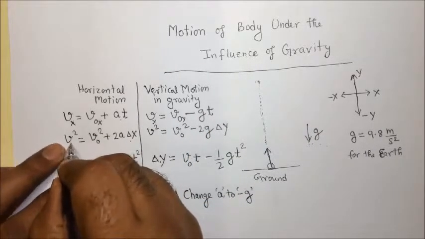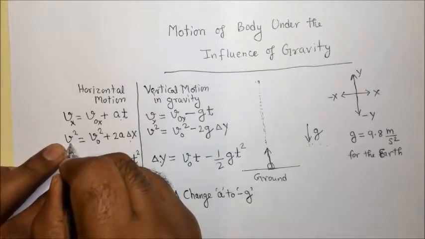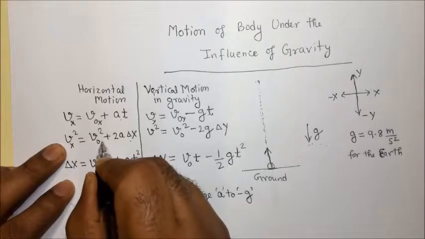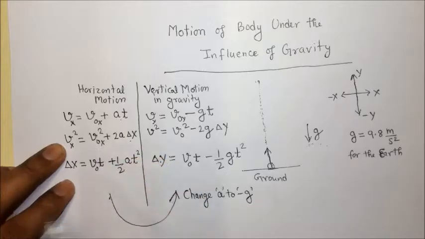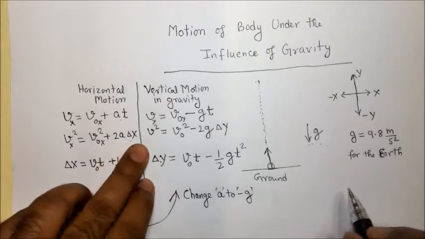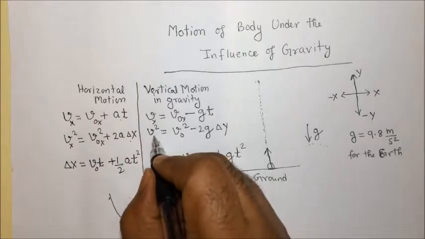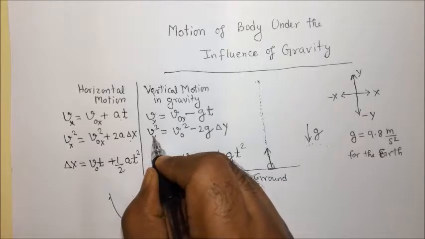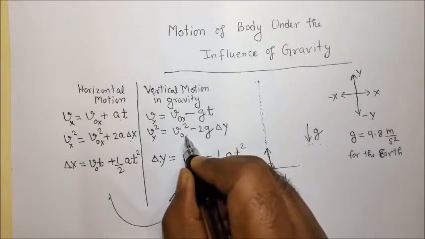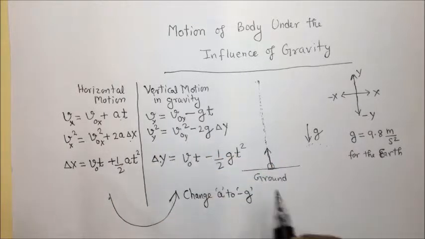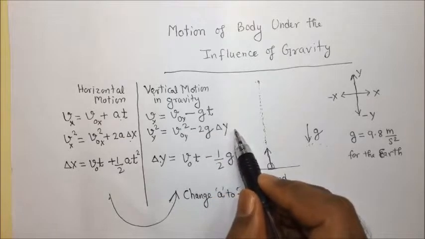This becomes V final X square is equal to V initial X square plus 2A delta X. This is for Y, so V final Y square is equal to V initial Y square minus 2G delta Y.